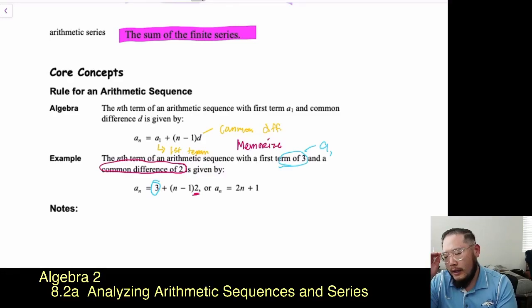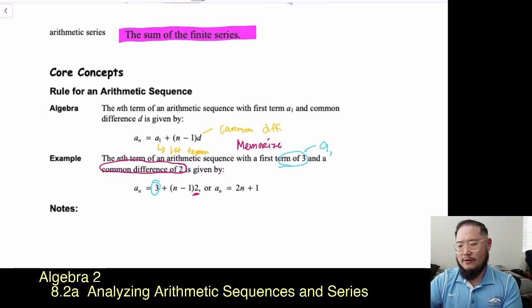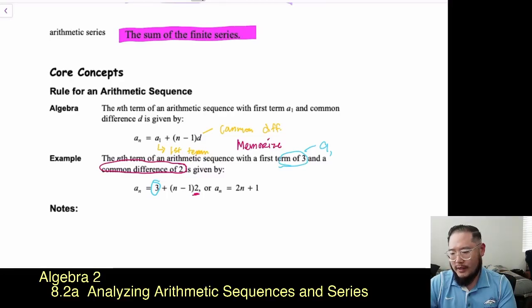Once you have your equation, you plug things in, and then we're going to distribute the 2 and simplify this out. You don't want to just leave it as is. You've got to simplify the equation. This 3 plus 2n minus 2 simplifies to your answer, which is 2n plus 1.